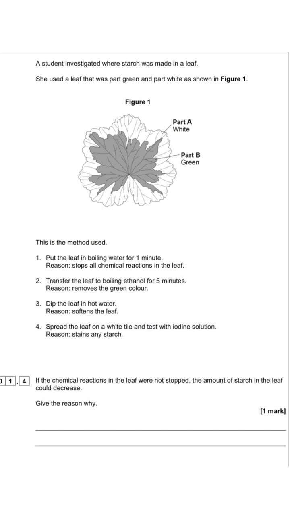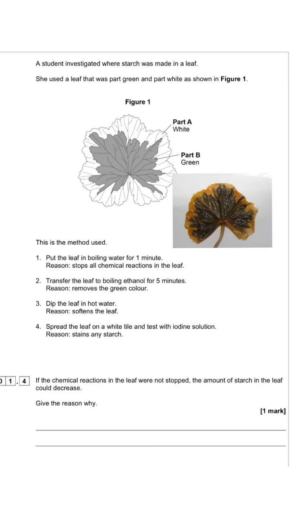This part of the question shows a classic experiment to test for the presence of starch in a leaf. Step 1 of this investigation requires you to stop all the chemical reactions in the leaf by boiling for 1 minute. If we didn't do that, then chemical reactions in the leaf would carry on, and chemical reactions require energy very often, and that energy is usually gained from the glucose, but we're storing that as starch.